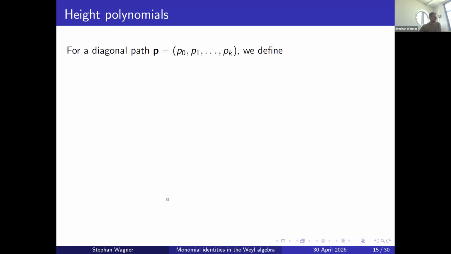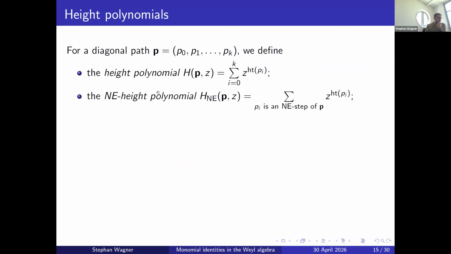Right. So the last set of definitions is about height polynomials. For a diagonal path, I associate a height polynomial, which simply collects the height of all the vertices and makes them exponents.